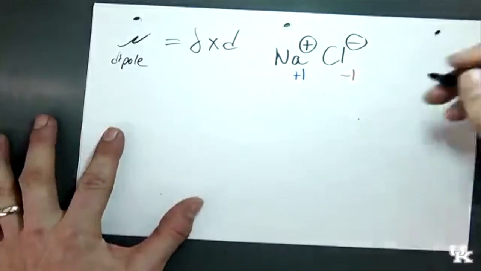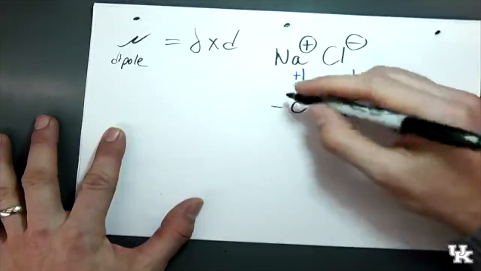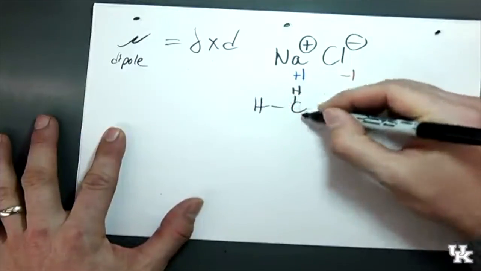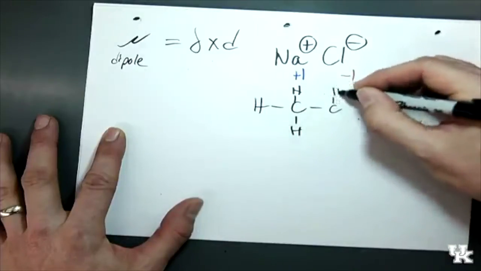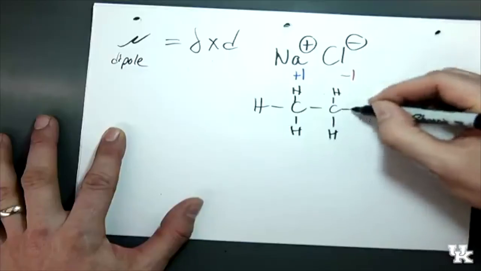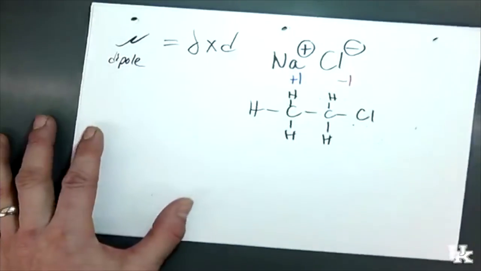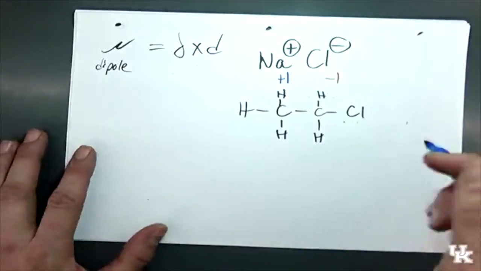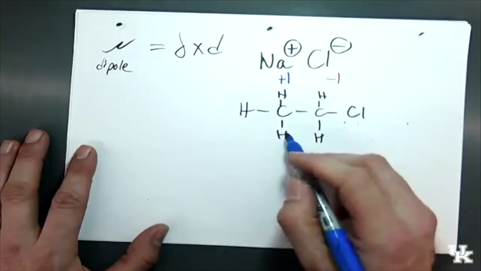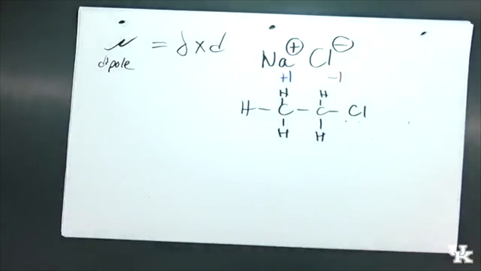It is thinking about something that has a structure like this, chloroethane molecule. Now it gets a little more complicated, right? Because each of the hydrogens is less electronegative than the carbon.